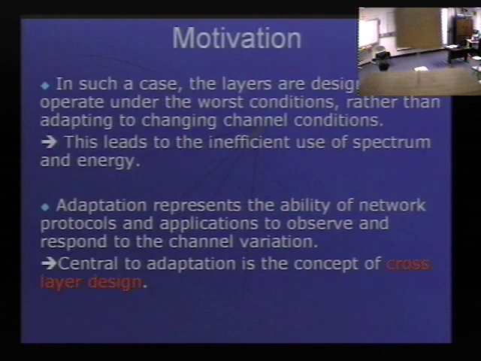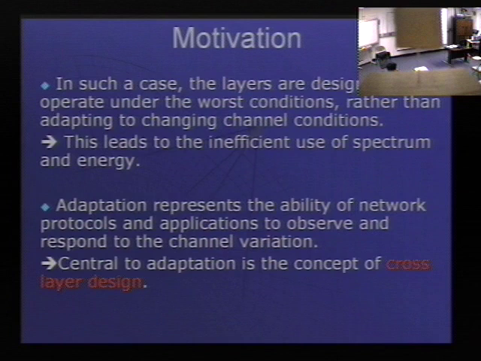So in such a design, each layer is designed for the worst case. Like the physical layer is always designed to be the best reliable system without really knowing what the application is or what the current channel condition is. So we have to do adaptation. Adaptation is the centerpiece of cross-layer design. It is how you can adapt to the network, based on what is observed, and then respond.